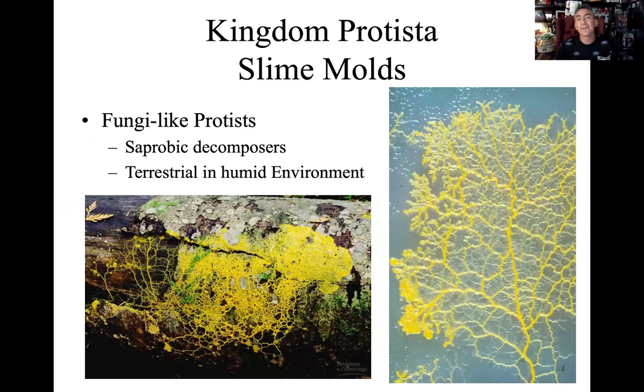And very, very quickly, let me cover then the slime molds, the weirdest category of Protista. So these protists, these slime molds are going to be saprobic decomposers. So they have to sort of ooze and crawl onto whatever's dead, whatever they can then sort of adhere to.